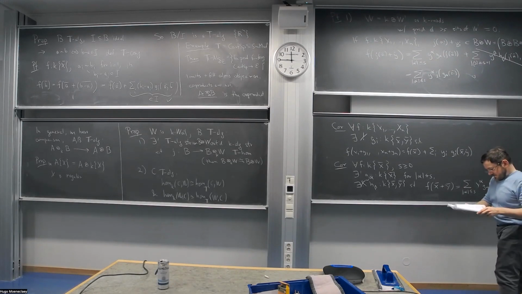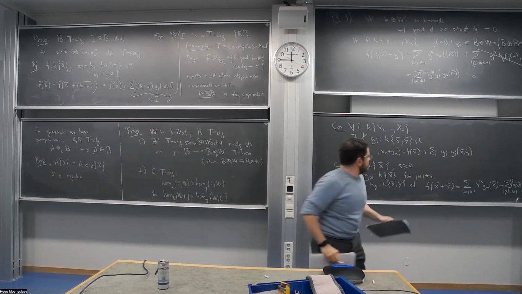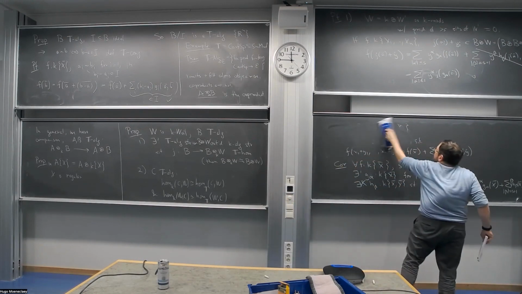So we know we have some T algebra structures on J algebras.